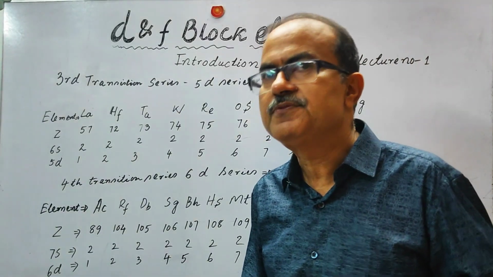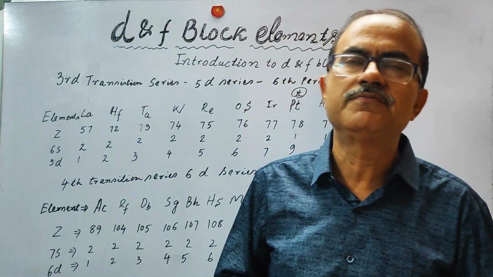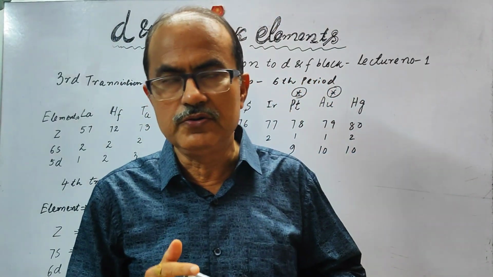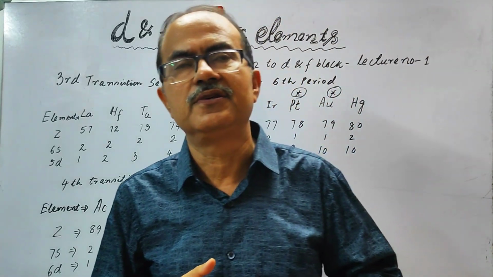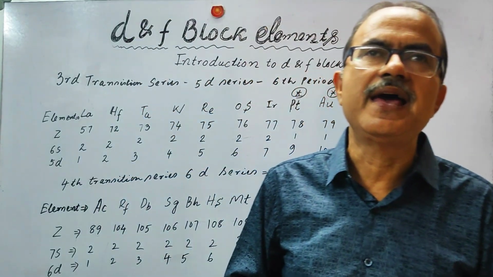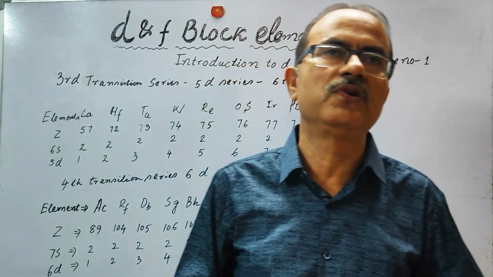How these exceptions occur, what is the reason behind it, we already discussed. It is basically the lesser energy difference between these orbitals. And another thing, half filled orbitals and fully filled orbitals are much more stable. That is why.